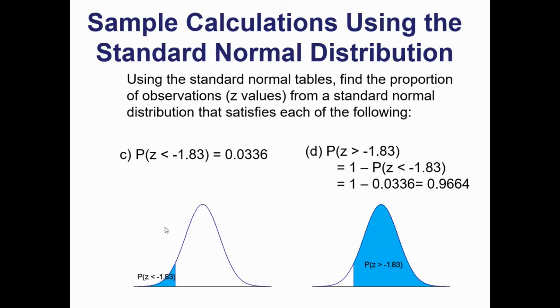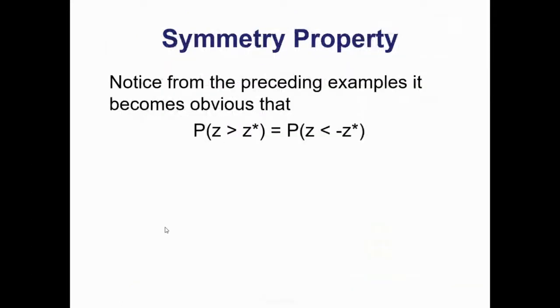So the reason these work out like they do is something called the symmetry property. So notice from the preceding examples, the probability that Z is greater than a certain value is the same as the probability that Z is less than the negative of that value.